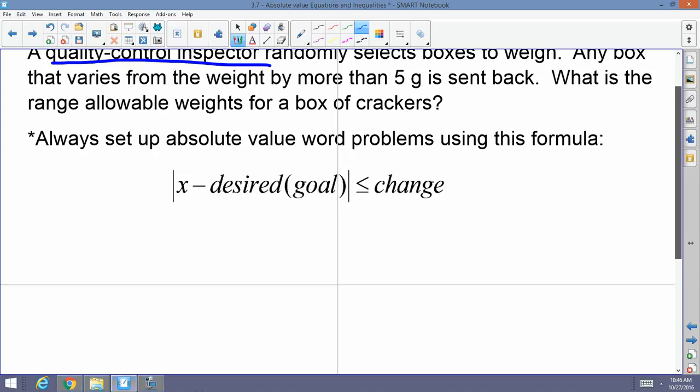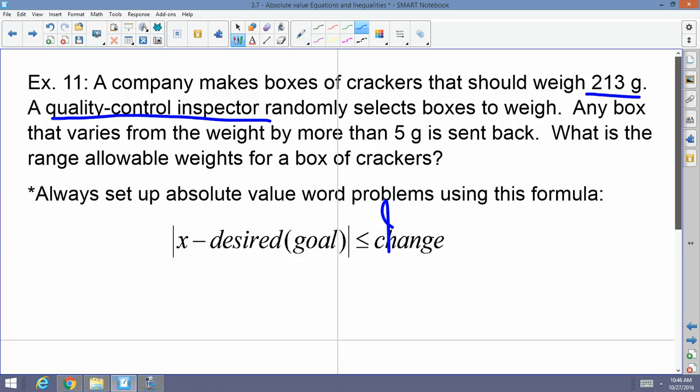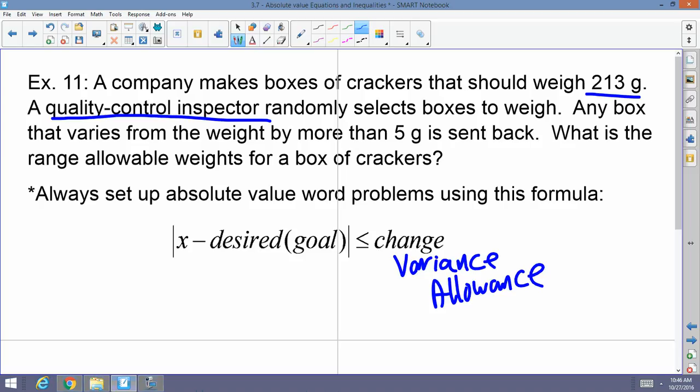Sometimes this change is called a variance. Sometimes it's called an allowance. It's the amount that it can change, plus or minus. Since it's a plus or minus change, you're going to put it into absolute value. Does that make sense?